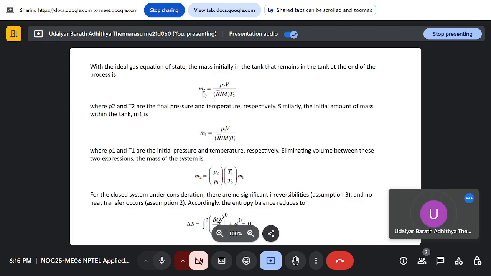The mass which is present is P2V by R of the gas into T2, and similarly the mass at state 1 is P1V by RT. This is from the ideal gas equation. So M2 is P2 by P1 into T1 by T2 into M1. This is the relation between the mass at state 2 and mass at state 1, because my volumes are the same.